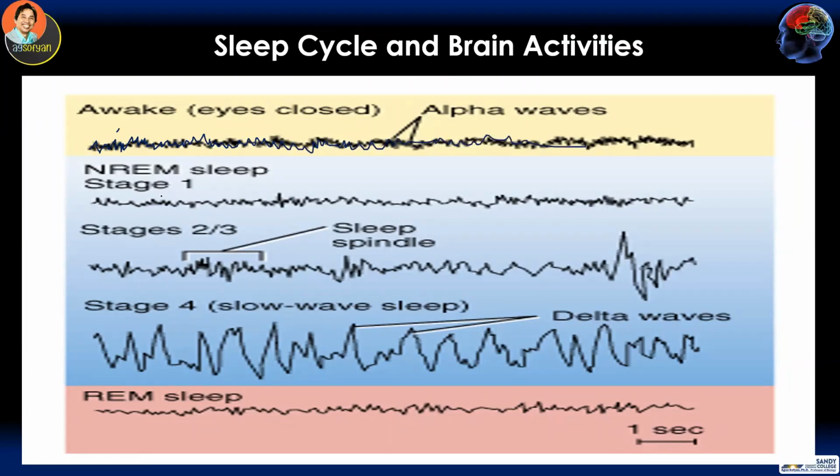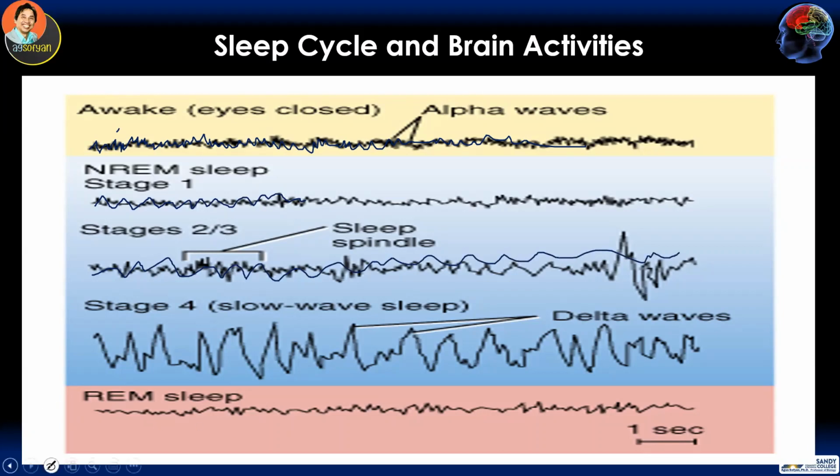Then in non-REM stage 1, the brain activity is a little bit slower, less activity. Stages 2 and 3 have even lower activity, slower activity of the brain.